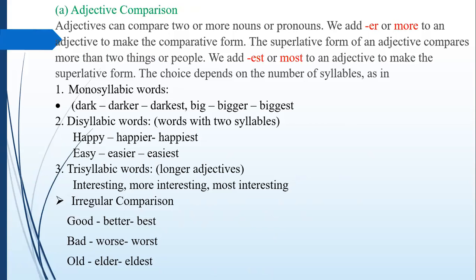For example, good, better, best. You can't say goodier or goodest. Better, best. All right?